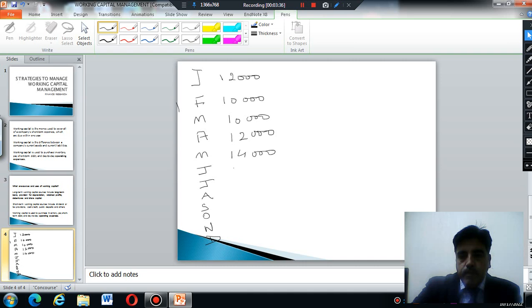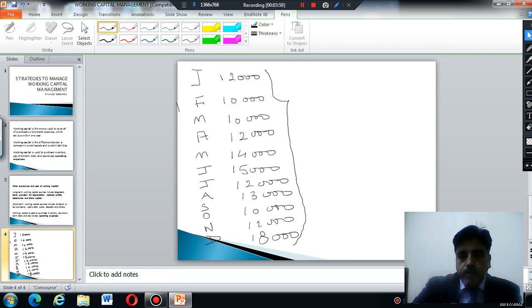Here, say 15, here again 12, here 13, here 10, here 12, and in the month of December, say 18. These are the projection plan given by the manager for each month. This is the amount which will be required in each month.